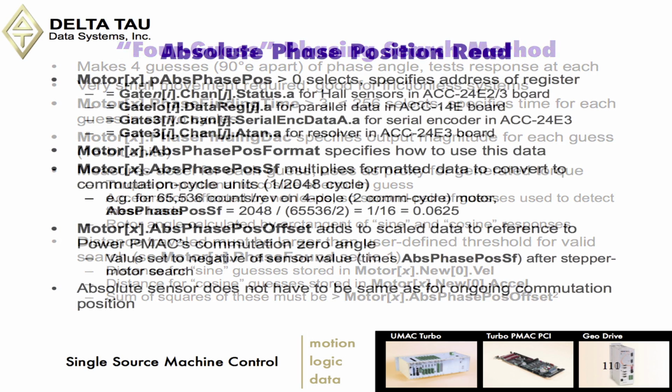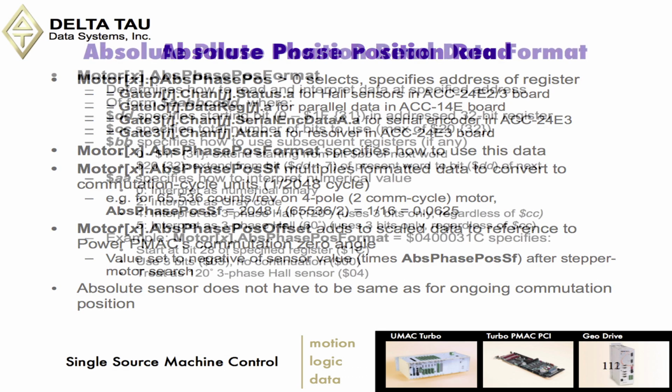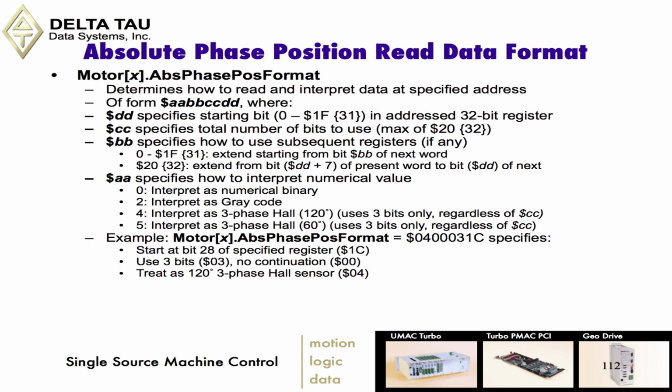There's also the absolute phase position read, where we would specify in PAB's phase pause a number greater than 0. So this is the absolute register it's going to look at for its absolute phase position. And then absolute phase position format specifies how we use this data. This works virtually the same as the absolute power on position.